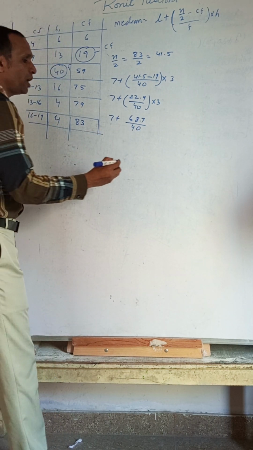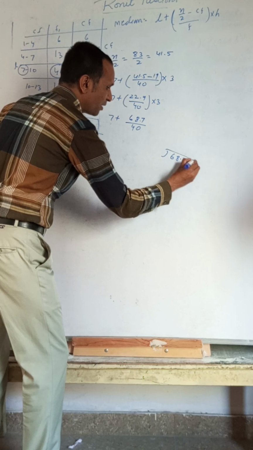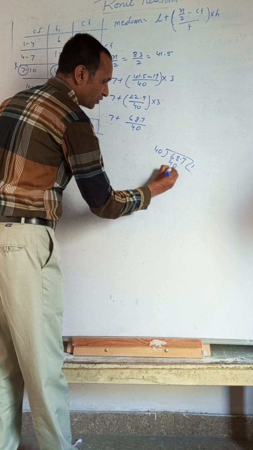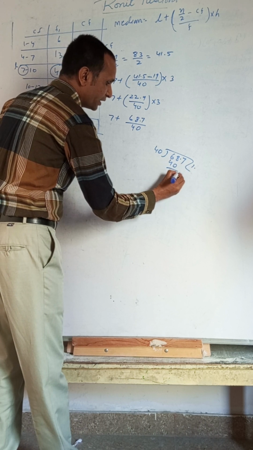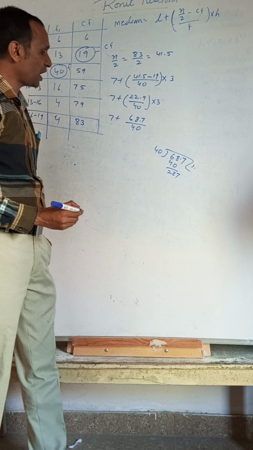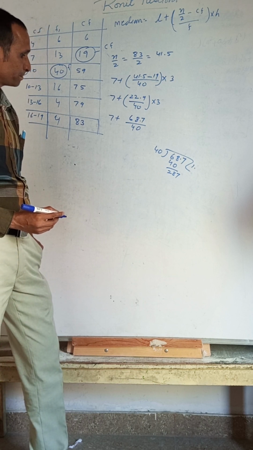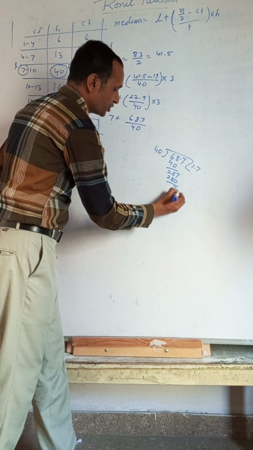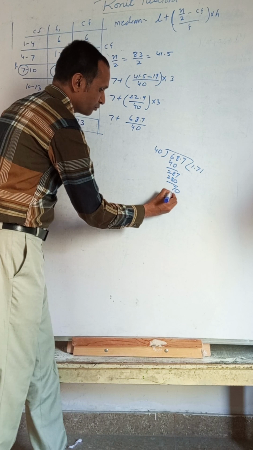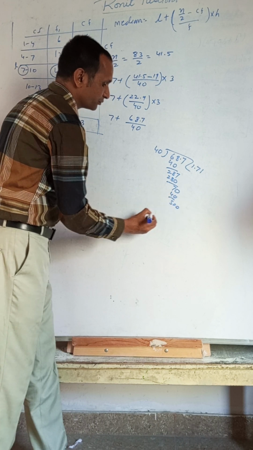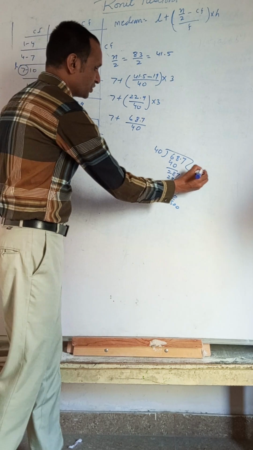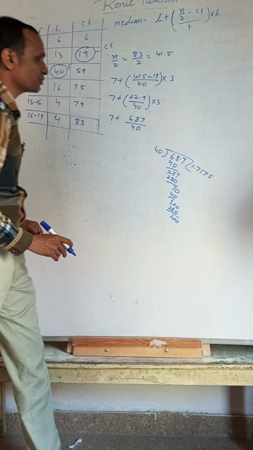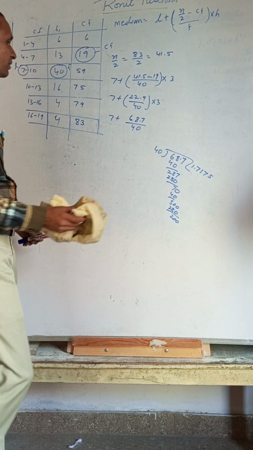Now we divide 67.5 by 40, and what will come? It comes to 1.6875, approximately 1.69.